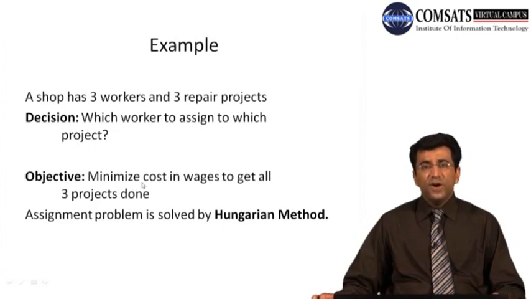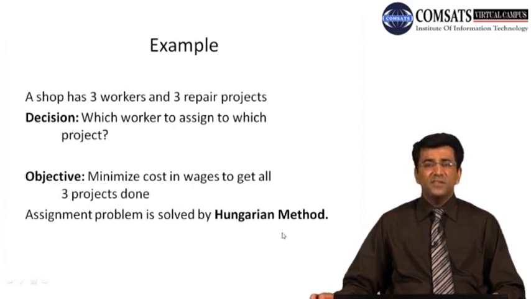So again we'll have to find out the assignment of these projects to the different workers, so that our total cost may be minimized. And students, for this particular technique, the method we will follow is the Hungarian method, and we will always try to solve these assignment problems by using the Hungarian method.